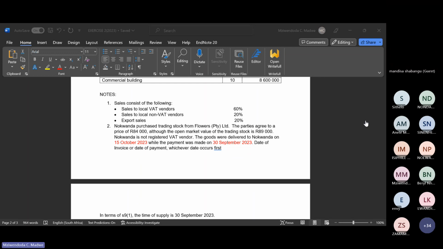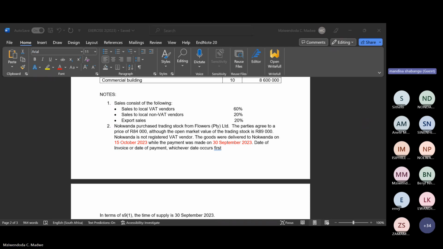So which means all the time, if section 9, subsection 1 comes first, then the dates indicated in section 9, subsection 2, you use subsection 1.